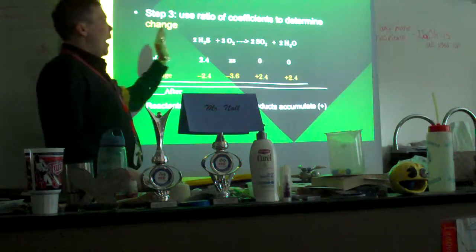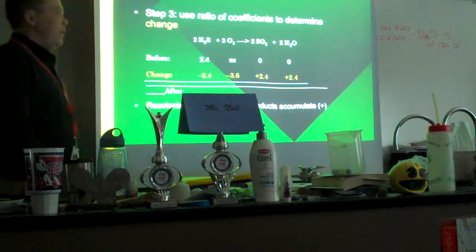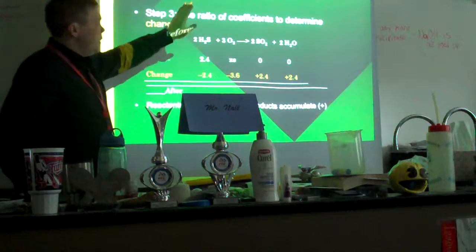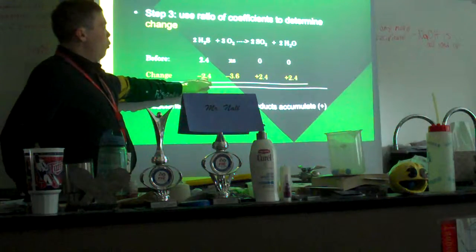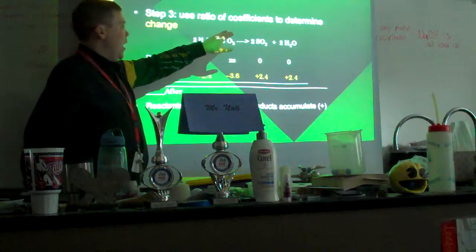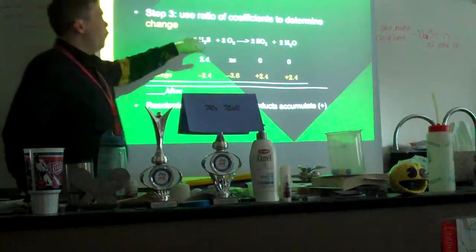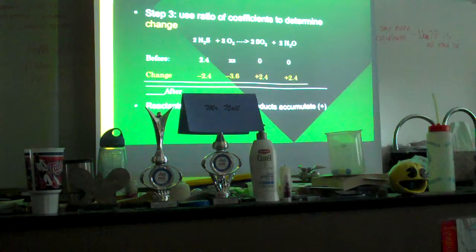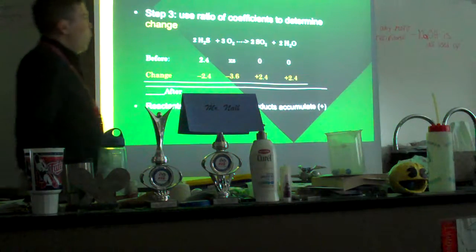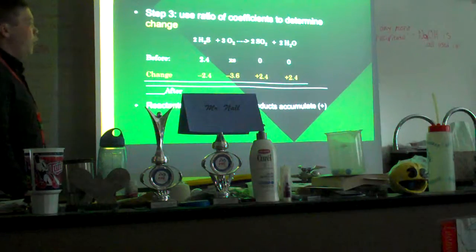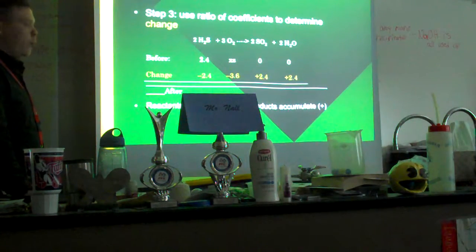For oxygen gas, I take the ratio of 3 to 2. I have 2.4 moles of hydrogen sulfide, so I need to multiply by 3 over 2, in other words 1.5, to get oxygen gas. 2.4 times 1.5 is 3.6.